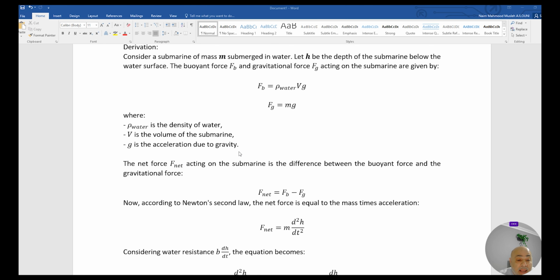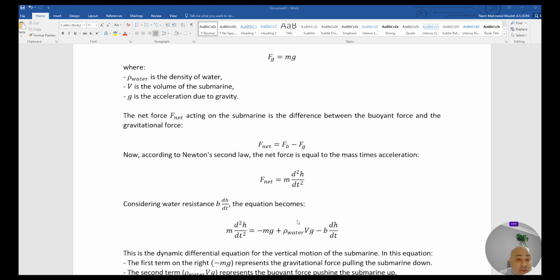Therefore, if we substitute all of these different forces, mass multiplied by acceleration is equal to minus mass multiplied by gravity plus the buoyancy force, which is rho multiplied by the volume multiplied by g, minus the resistance of the water, which is b dh by dt.